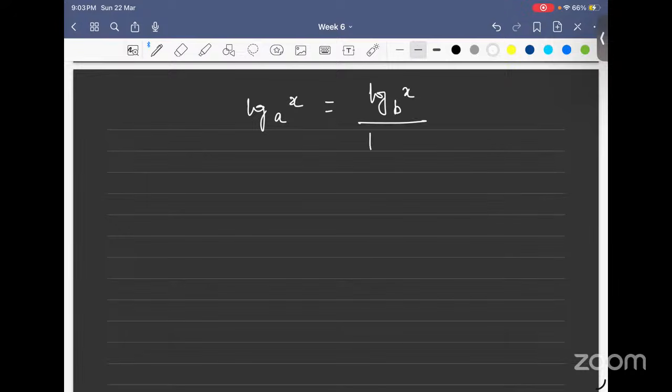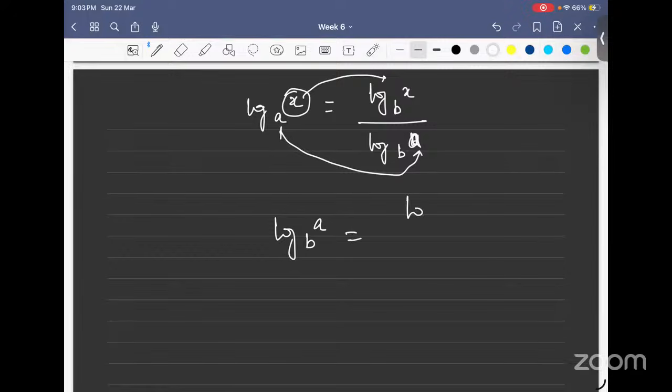You just write whatever number is in the argument, for which you have to calculate the logarithm, in the numerator with any base, and then the base b in the denominator. So log a over log b, where the base can be anything, but both in the numerator and the denominator the base should be the same. Okay, so this you can do.